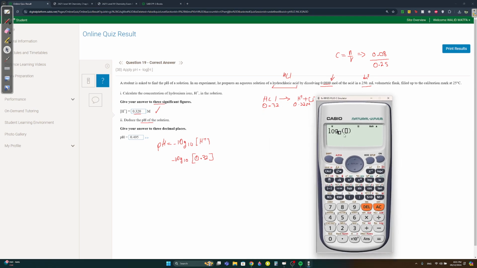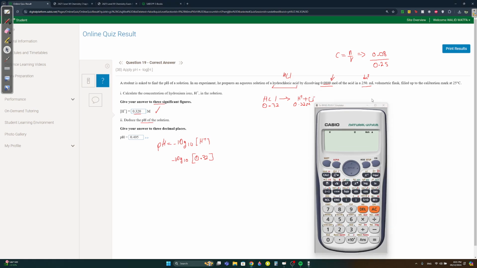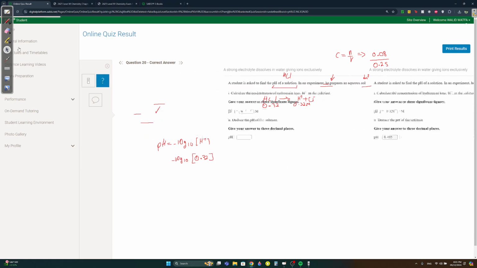Log base 10, base is the number that goes down. Remember to put minus: minus log base 10 of 0.32. So the pH, to 3 decimal places, is 0.495. Very important: if you get a negative answer for your pH, you did something wrong. The answer should always be positive, okay?